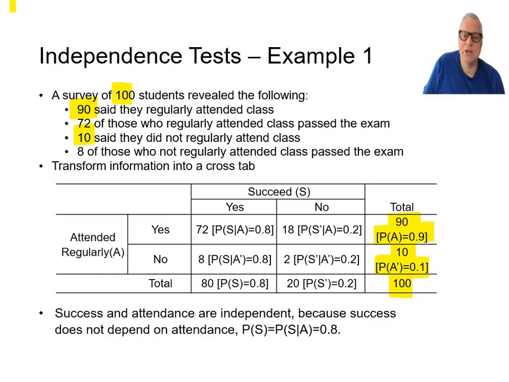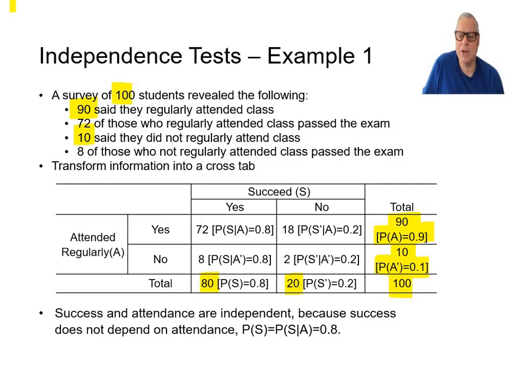Okay, so next we need to know how many students out of the 100 did succeed. So 72 of those who regularly attended passed the exam, and 8 of those who did not regularly attend also passed. So a total of 80 passed or succeeded. Well, that means that 20 did not pass, because we have a total of 100.